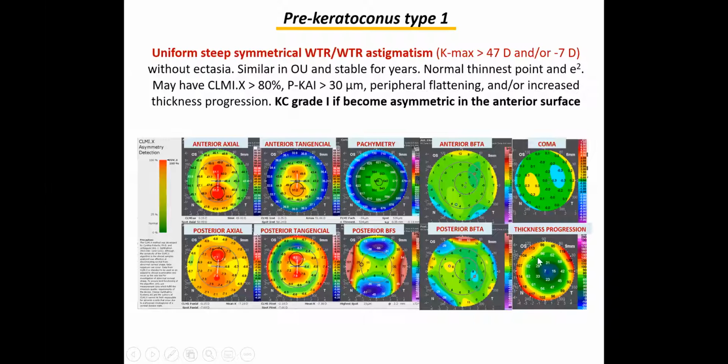There is a little bit of coma, and curiously, in this case, we have a faster progression of pachymetry. So progression of pachymetry doesn't mean that we have keratoconus. This case is stable for more than 10 years, and the sister is also very stable for a long, long time.